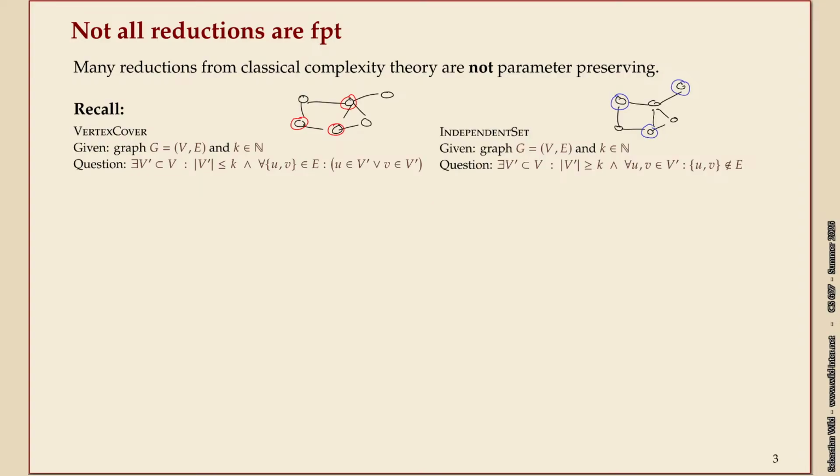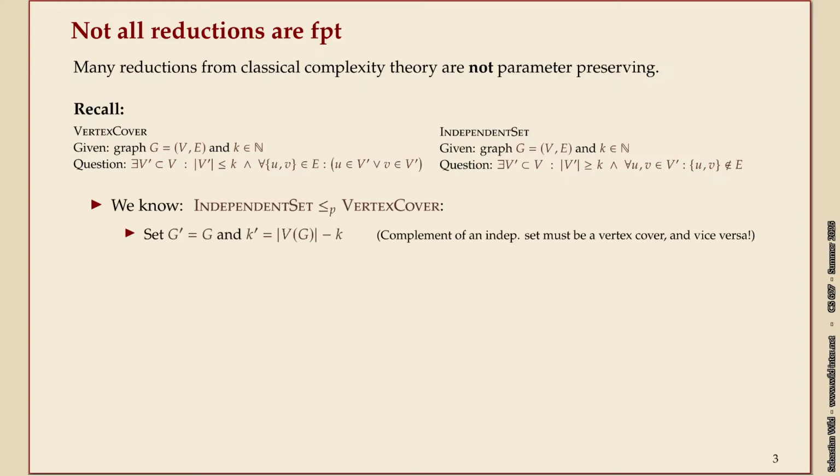A classical reduction between these problems from classical complexity theory, we can prove that independent set can be polynomial time reduced to vertex cover, for example, with this reduction. The graph for vertex cover is the same, and the parameter is the number of vertices minus k.